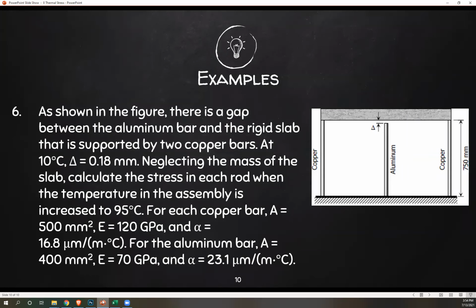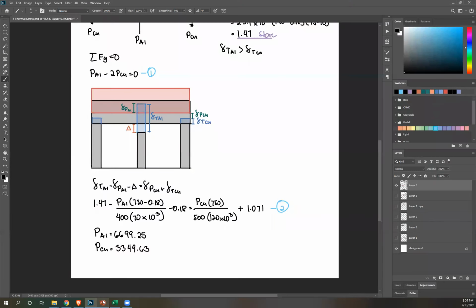So we already have the force in each rod. To get the stress, that's just P over A. And this is 6699.25 divided by 400.